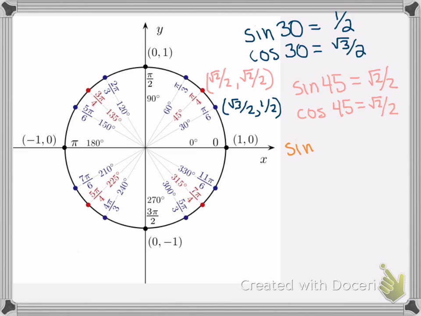The sine of 60 is equal to root 3 over 2, and the cosine of 60 is equal to 1/2. So this point up here is 1/2, root 3 over 2.